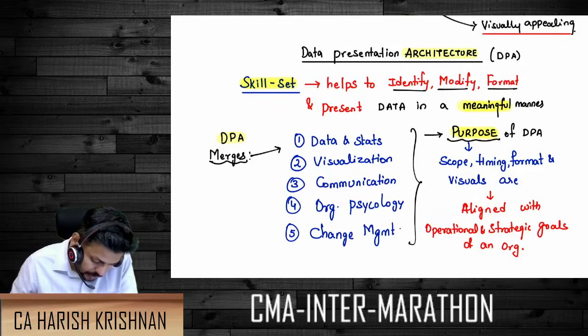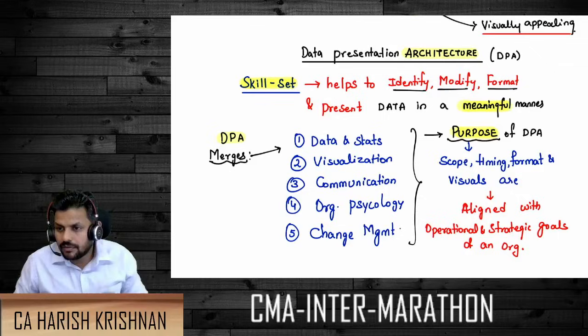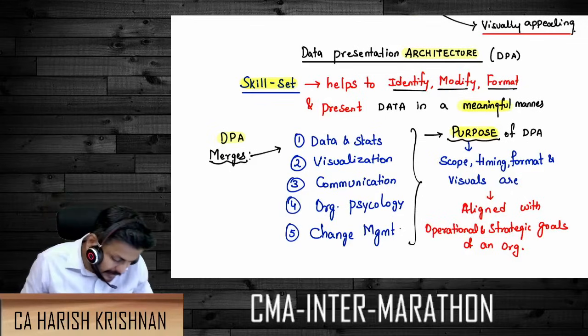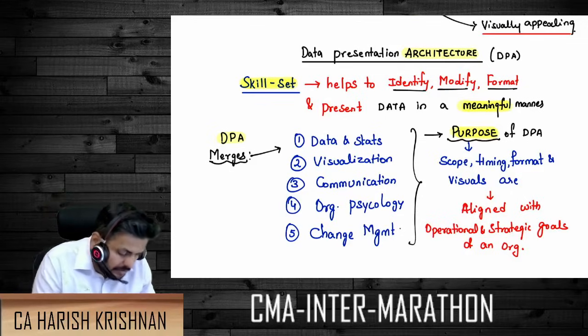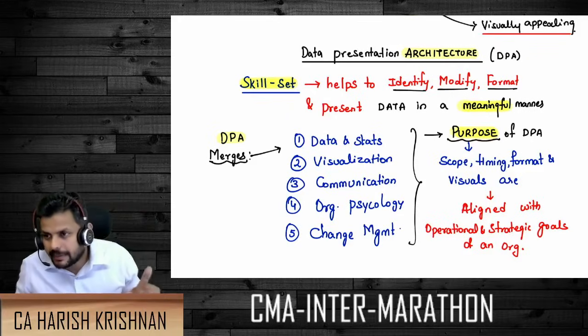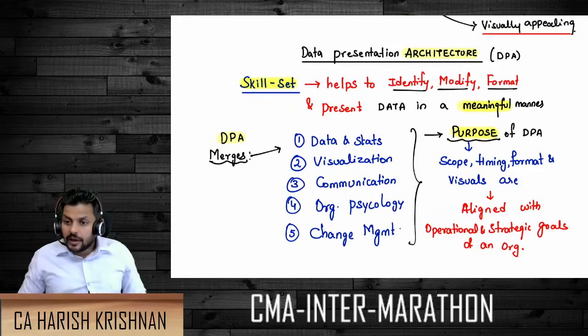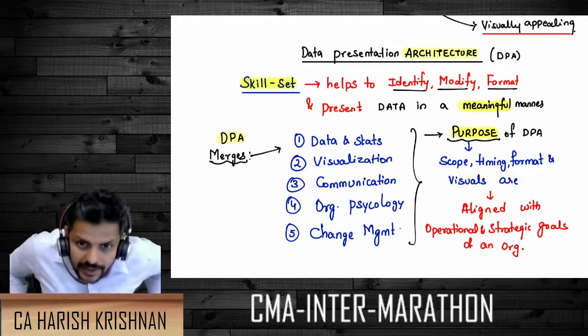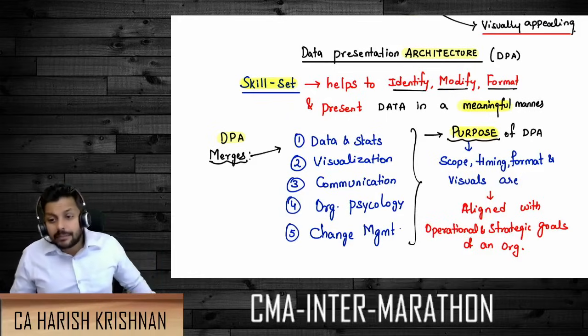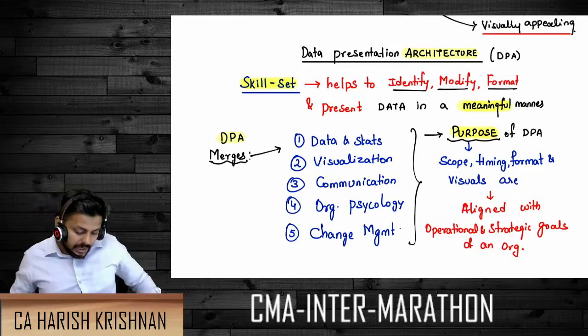Then it also talks about merging certain things, right? Data presentation architecture, architecture meaning the design, is about how it will be presented. Like before construction of a big building, they put the idea on paper, no? Like that here also: identify, modify, format and present the data in a very meaningful manner.